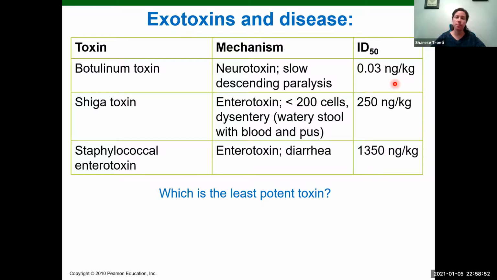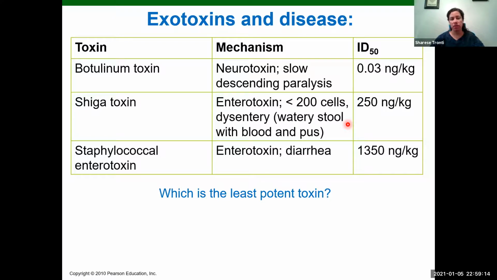The Shiga toxin is an enterotoxin. So enterotoxin is going to have an effect on the GI tract. So this is going to cause diarrhea. Can also cause a bloody diarrhea and pus in the diarrhea. And we also have staphylococcal enterotoxin.